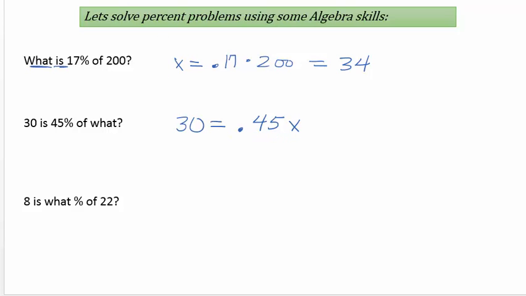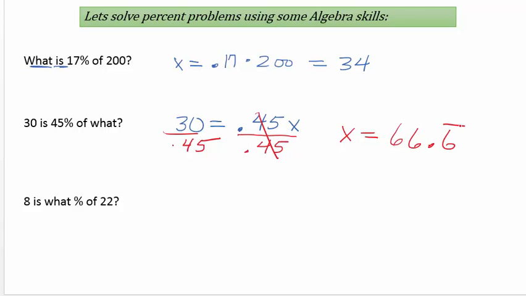How do we solve for x? Well, we need to get rid of this multiplication of 0.45, so we divide by 0.45 on both sides. So that gives us x equals whatever 30 divided by 0.45 is, and I get a 66.6 repeating.